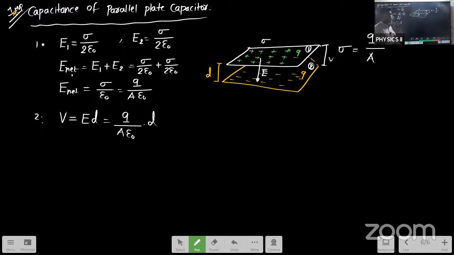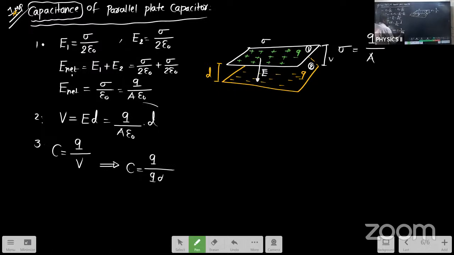Now we are done with the 2 points. Final point will be our answer. We are supposed to determine the capacitance of parallel plate capacitor. Third point. What is the formula for capacitance of a capacitor? C is equals to Q divided by V. Let us substitute this value. C is equals to Q divided by the value of V, which is Q into D divided by A epsilon naught.